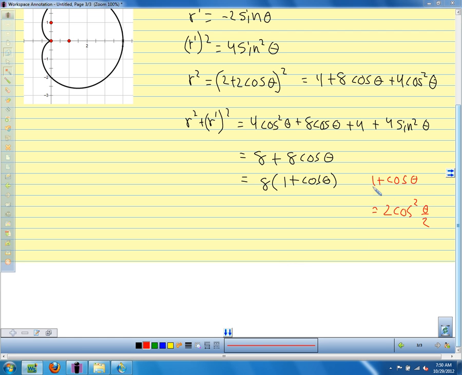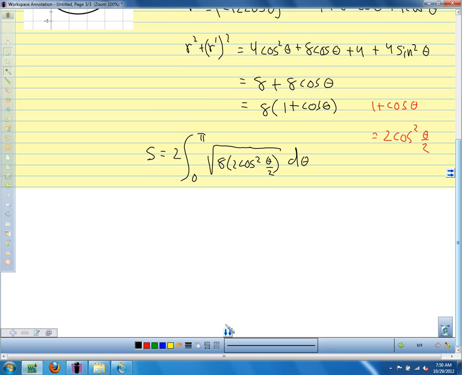So when I put this into my integral, I have everything I need to find the arc length. S equals 2 times the integral from 0 to π of the square root of 8 times 2 cosine squared θ/2 dθ. And we get 8 times the integral from 0 to π of the absolute value of cosine θ/2 dθ.